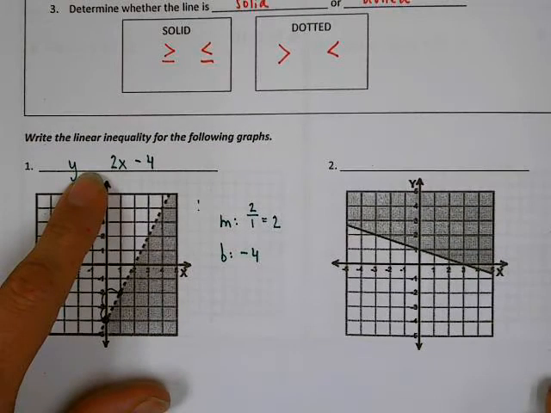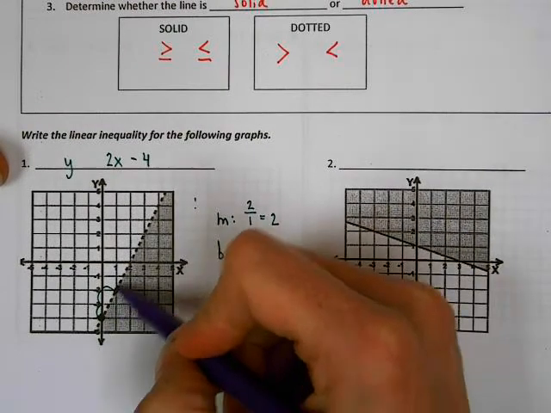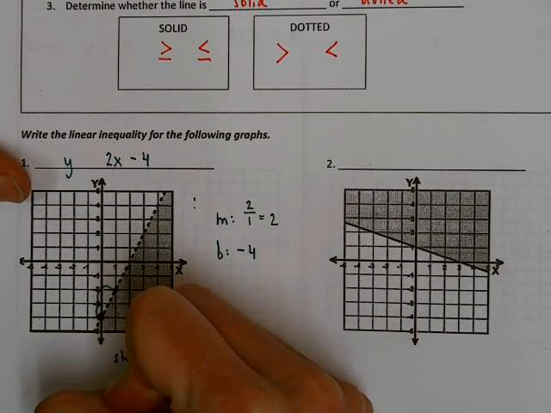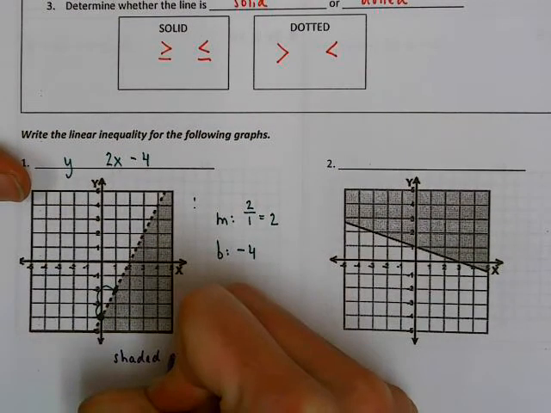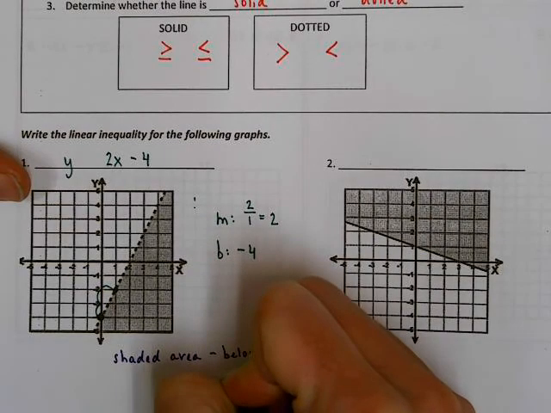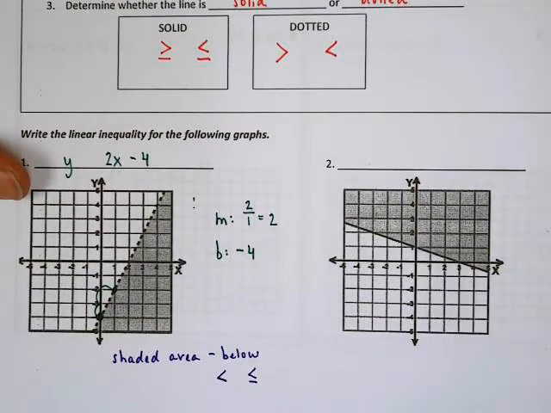If I look at the shaded area here, if I think about walking along this line, I notice that the shaded area is below. So I know that I'm either less than or equal to.